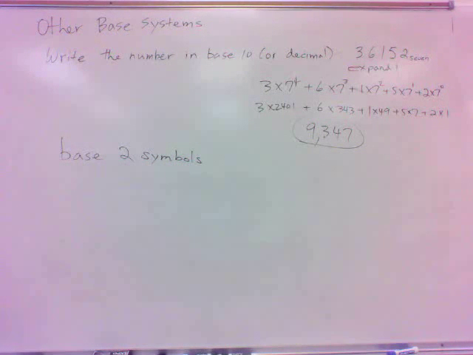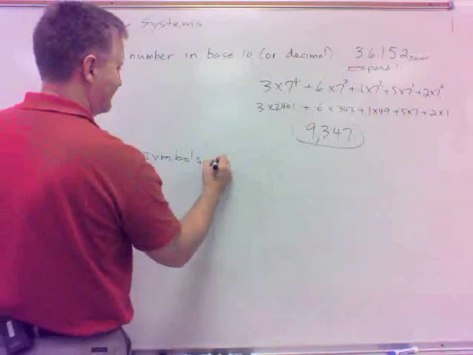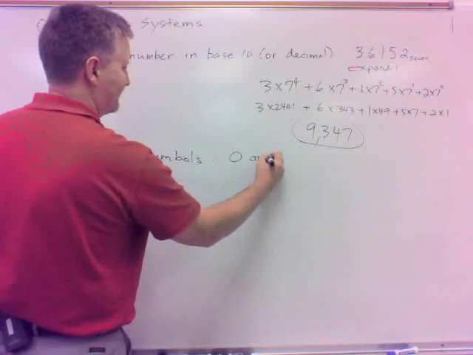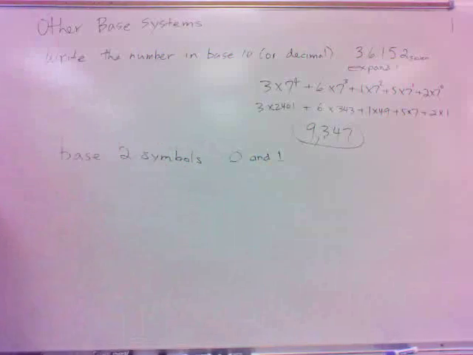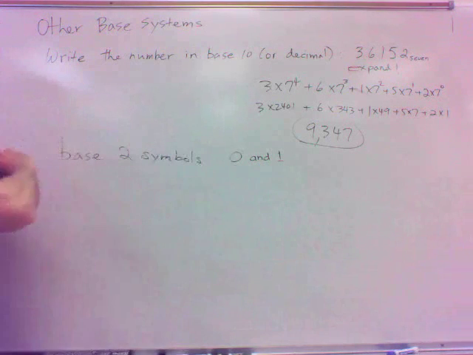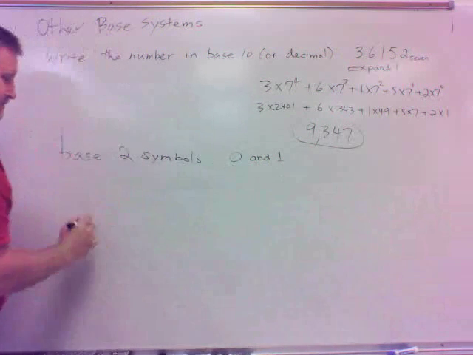For base 2, symbols-wise, what do we got? 0 and 1. Base 2, you only need 2 symbols. And you do start at 0, so 0 and 1. Base 2 only has zeros and ones in it. So when I see a base 2 number, it's just a string of ones and zeros.